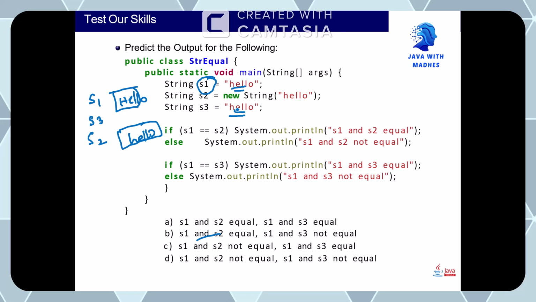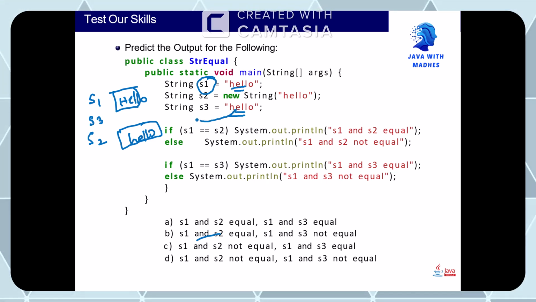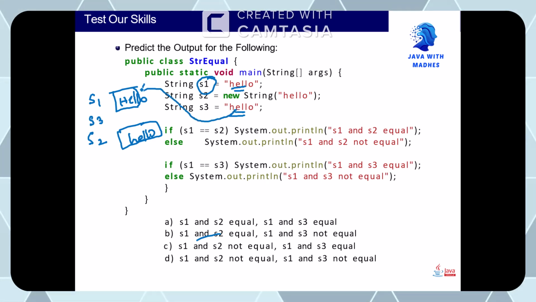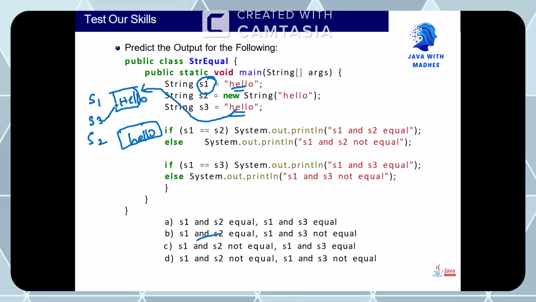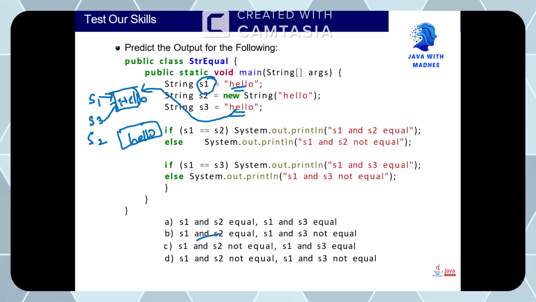So now the compiler will check whether the value "hello" is already there in the constant pool. If the value is there, this s3 will also point to the same object. Now s1 and s3 are pointing to the same object "hello", and s2 is pointing to its own "hello".